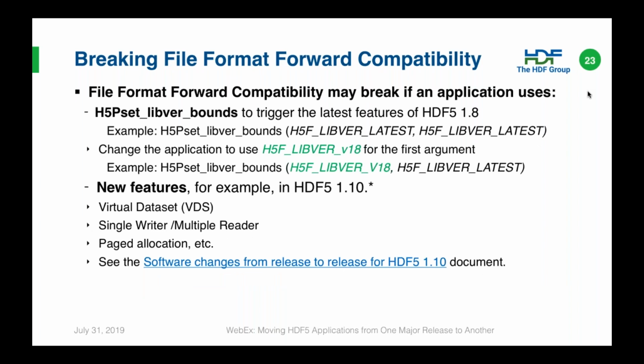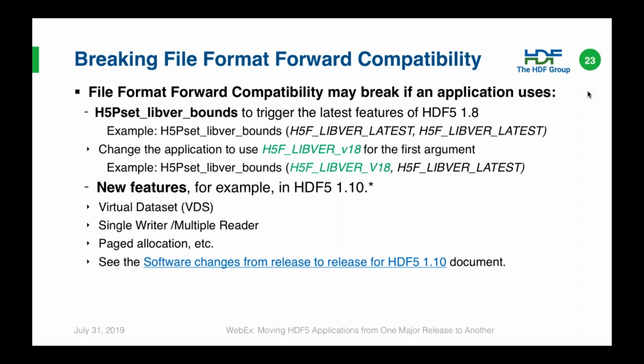how it may happen that you break file format forward compatibility, how it may happen that an application compiled and linked with the new version of the library creates files that older versions of it cannot read. It may happen only in two ways.